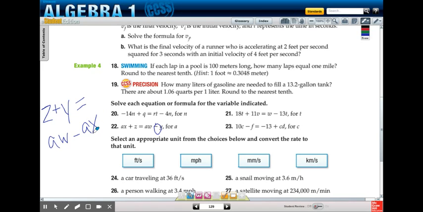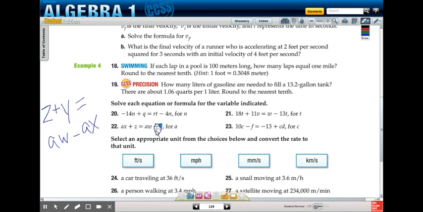All right. So hopefully that makes sense, because I have the AW is already here. I added Y to both sides to get Z plus Y. Then I subtracted the AX to get the AX over here.